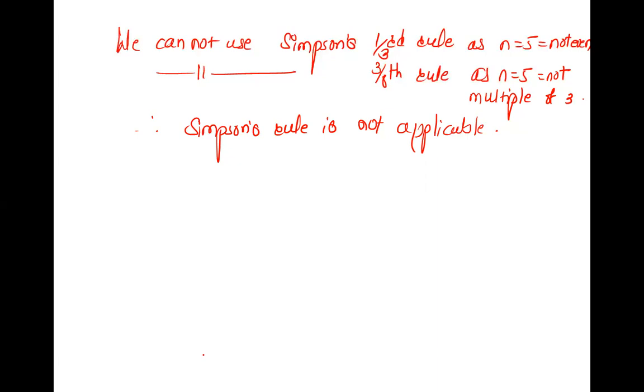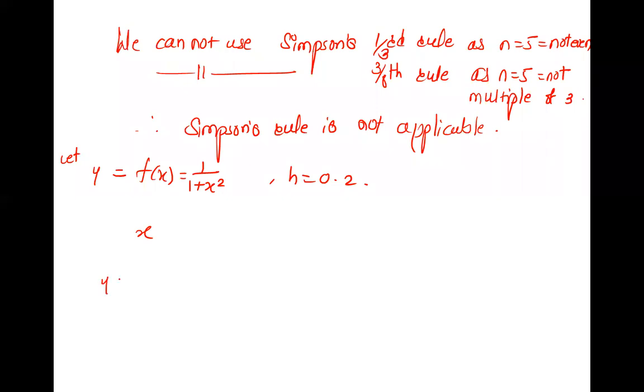Good. So there is only one rule now left, and they have asked you to solve by that rule itself. So we have f of x, we have a and b, we have h, and we have n also now. We don't need that, so go directly with the table. We have f of x as 1 upon 1 plus x square, and h is 0.2. Let us call it y.